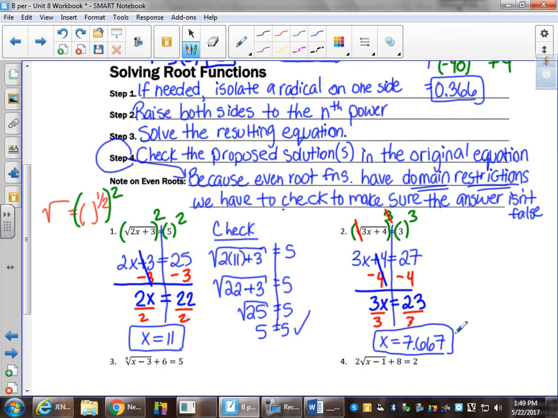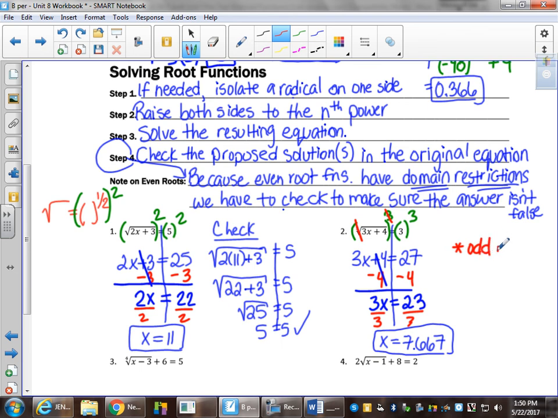Now the question is, do we need to check this answer? Remember, back here, the domain restrictions only exist for even root functions. So the question is, is number 2 an even root? No, it is not. So make yourself a note.